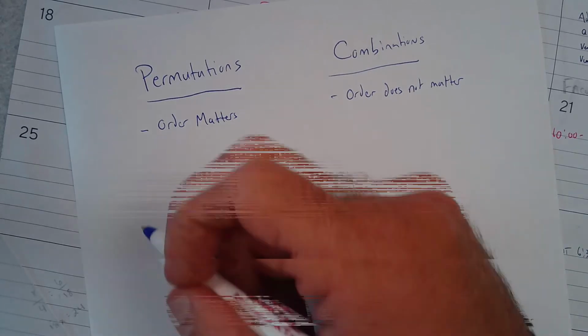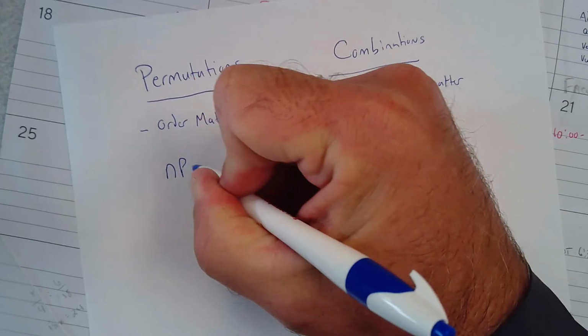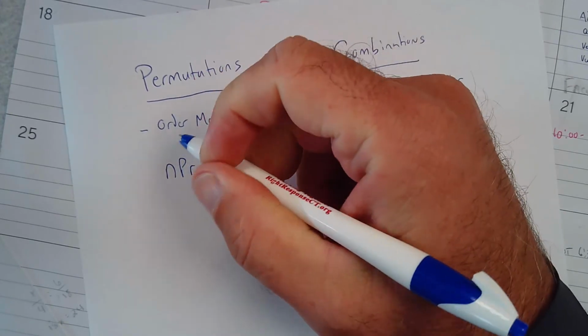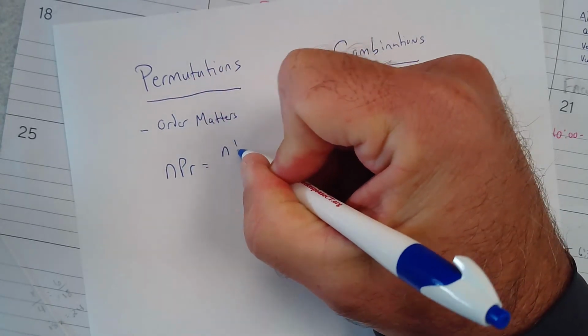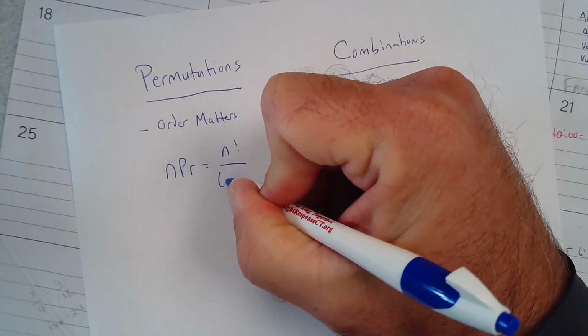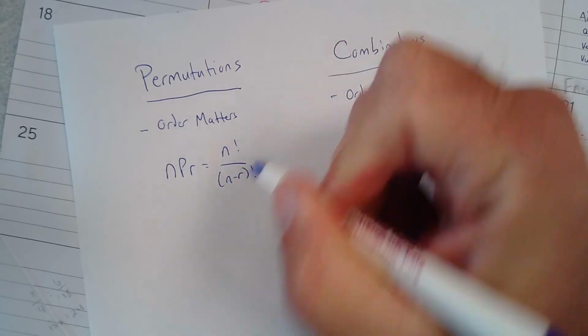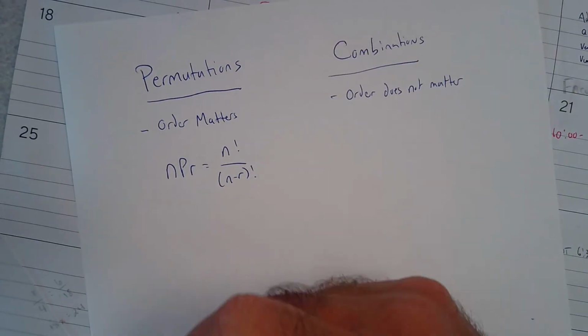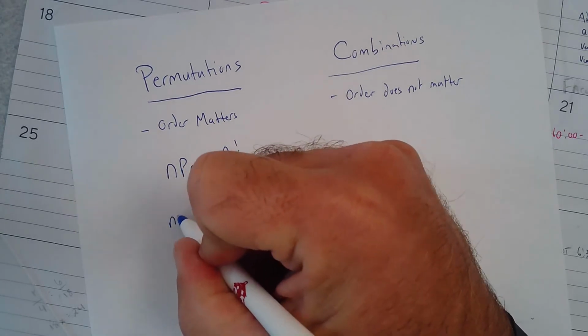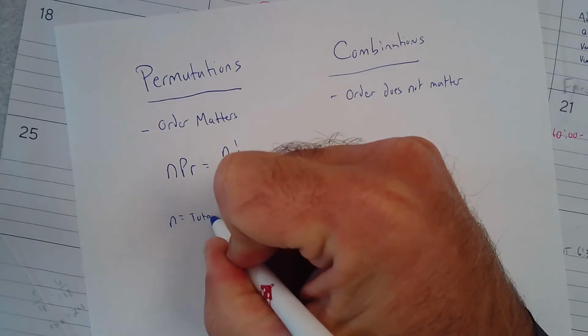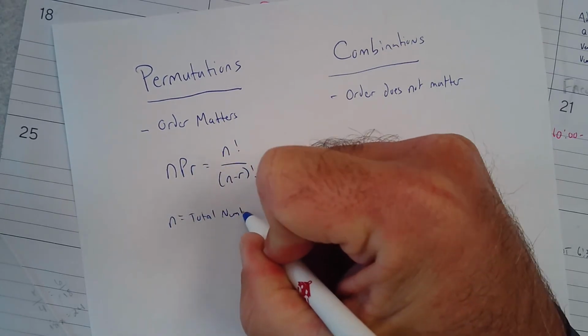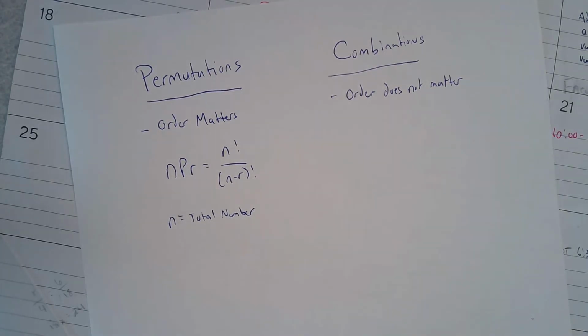So with a permutation, we have the formula nPr, and what n is going to represent in the formula is the total number of items that we want to arrange.